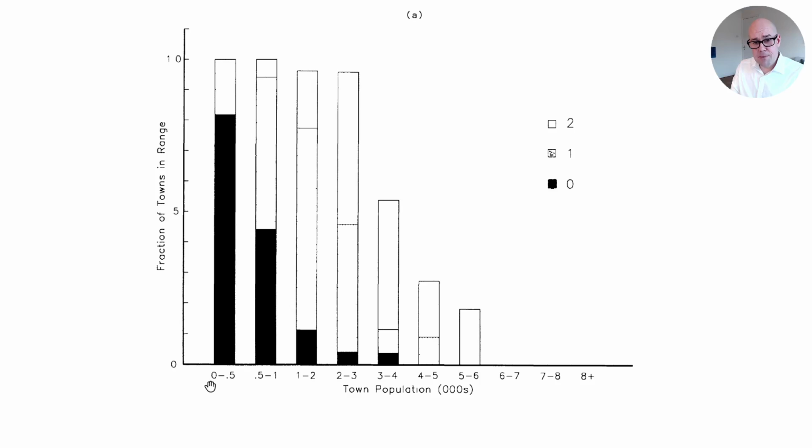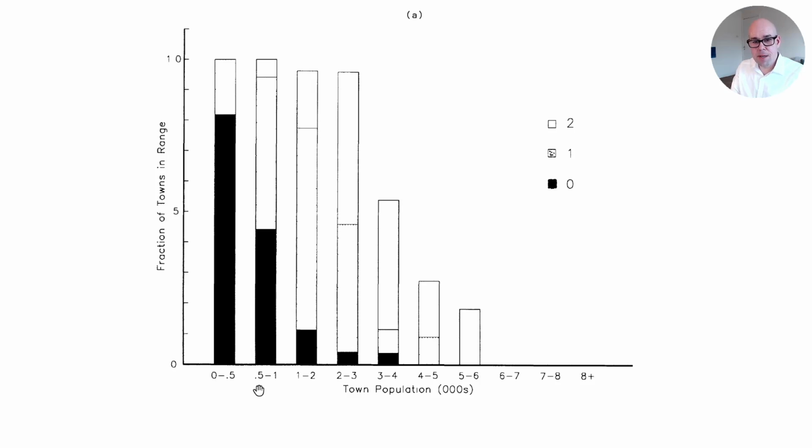When population is between 0 and 500, then what you see is that in most towns there is no dentist, and in some towns, about 20%, we do have 1 dentist.